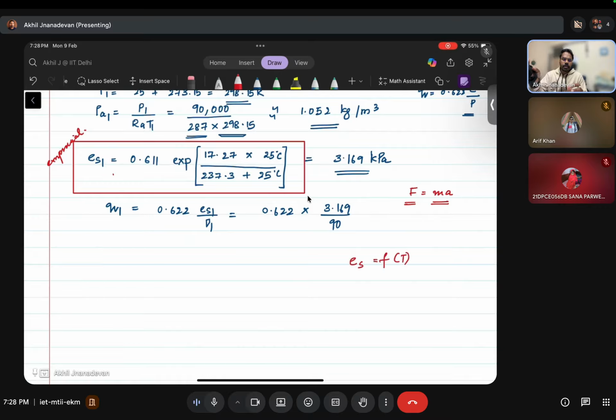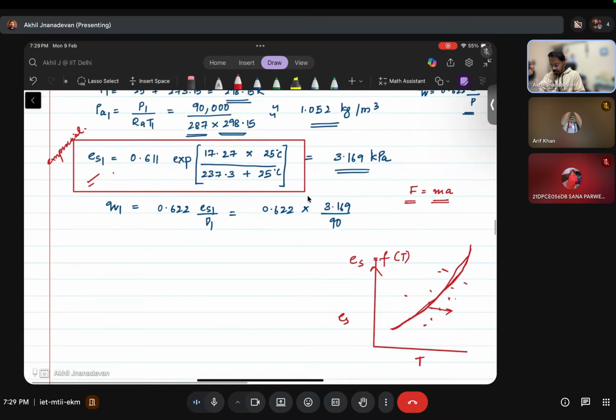So he will measure the saturated vapor pressure for many different temperature values, and he will plot those values, temperature against ES, and fit a best curve. He will find an equation for this particular curve, and that curve is given by this equation.